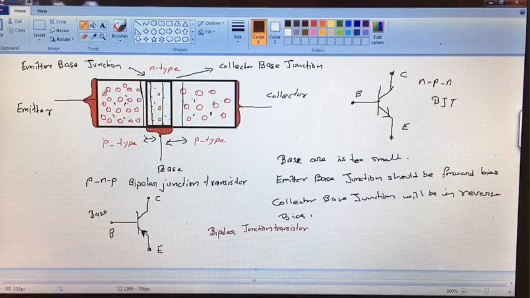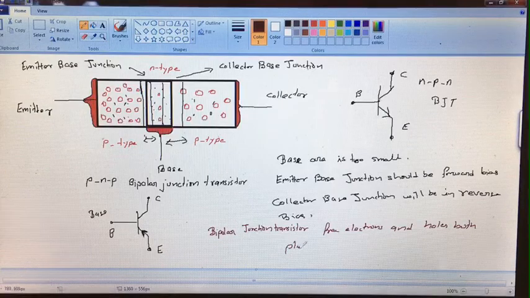In this region holes are the majority flowing towards the collector, and in the base region free electrons are the majority charge carrier, and here also holes. So two types, free electrons and holes, both play their role in the current.